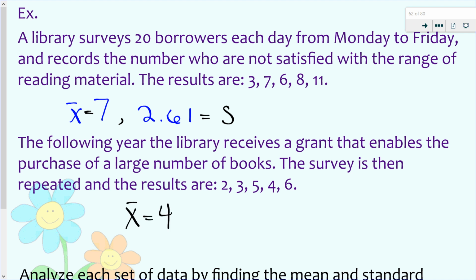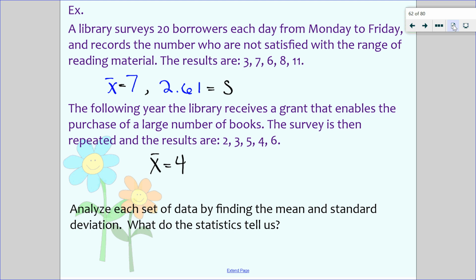And then for the standard deviation, we got a sum of 10. And then what do we do after we find the sum? 1, 2, 3, 4, 5. And then square root. So our standard deviation is about 1.41.